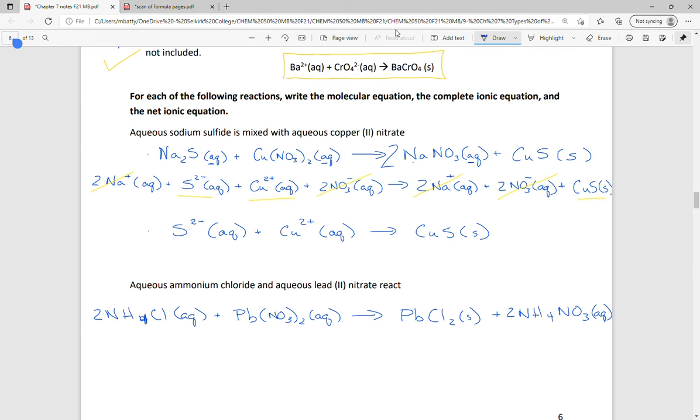Then taking it to the next step, the complete ionic equation: everything that is aqueous is going to come apart into its ions. Coefficients stay as coefficients, and subscripts become coefficients, like in the case of this 2 nitrate.